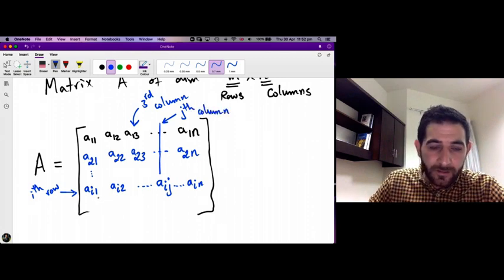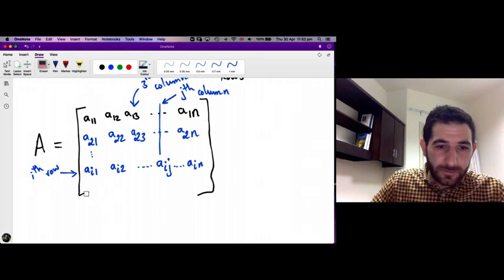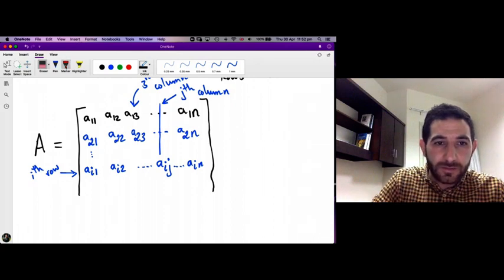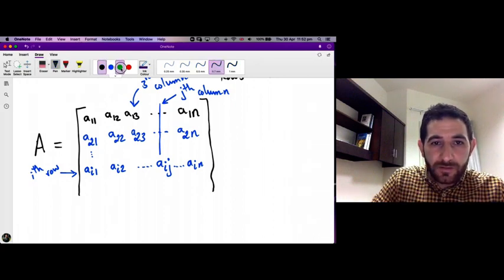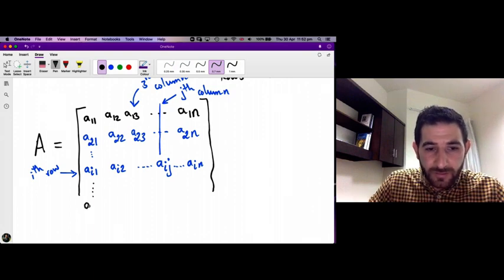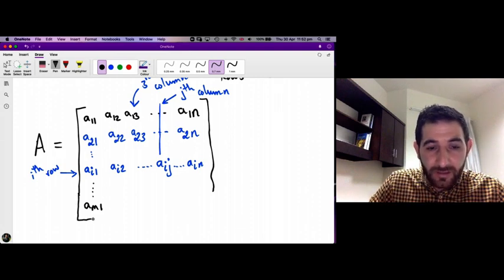Okay, and then we keep writing all the rows until we exhaust all of them. But how many rows do we have? We have m rows, so the last one will have index m, and then 1 for the first element in the mth row.